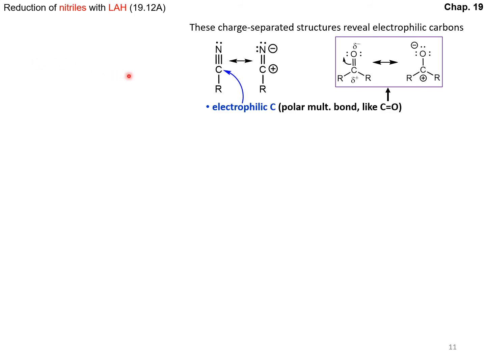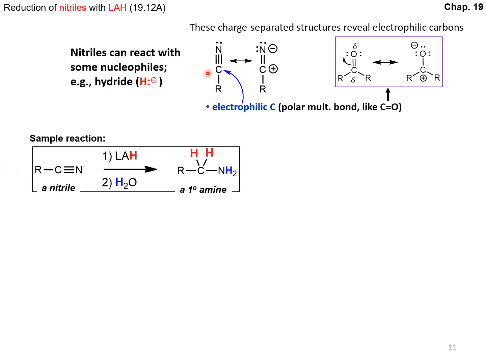Nitriles are molecules that have a carbon-nitrogen triple bond. And much like carbonyls, they are a polar functional group where the electrons are polarized toward nitrogen, and the carbon attached to nitrogen is electrophilic and can be attacked by nucleophiles. One of those nucleophiles that attacks nitrile carbons is hydride.